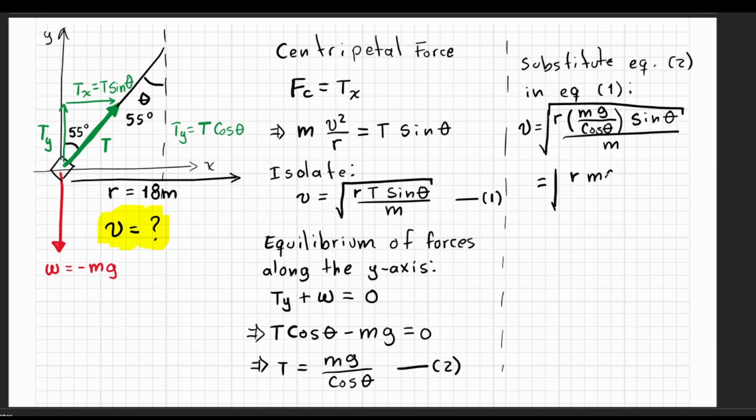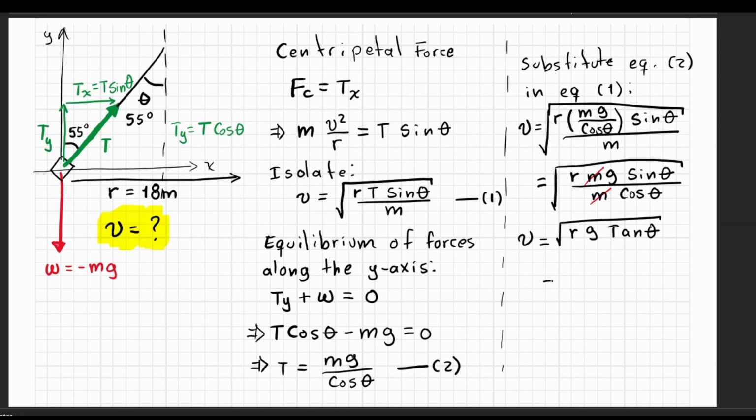Simplifying a little bit this expression, we see that the mass appears in the numerator and the denominator, so it will cancel, and we get Rg. Now the sine divided by the cosine is the same as the tangent of the angle. So we get this simple equation to find the velocity of the chair.